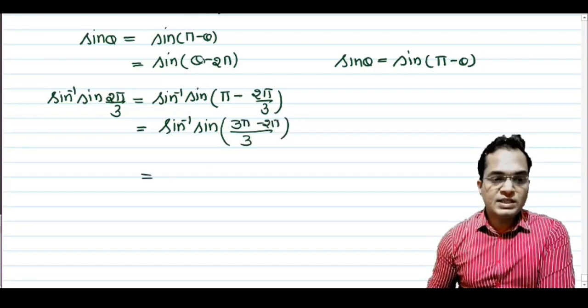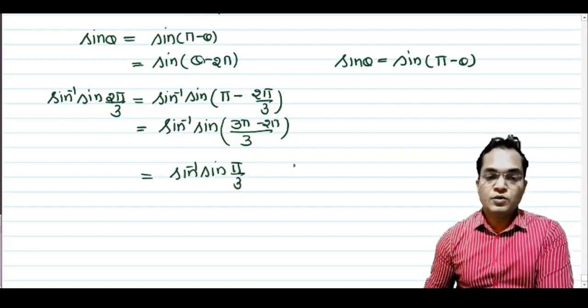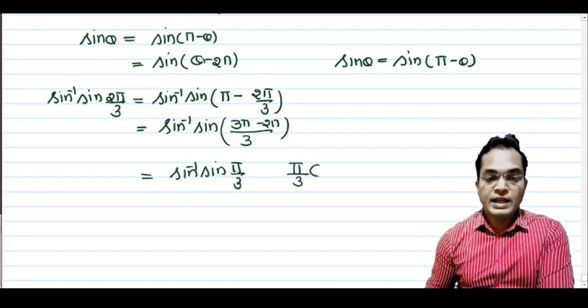After simplifying, it is sine inverse sine pi by 3. Now this angle pi by 3 lies between minus 90 to 90. That is our fundamental goal.